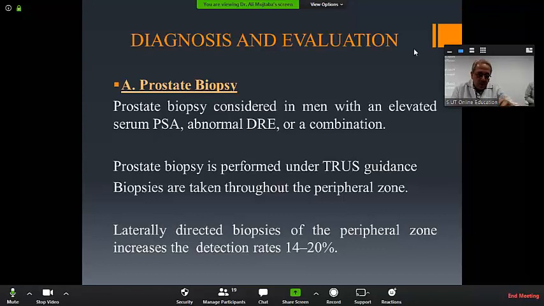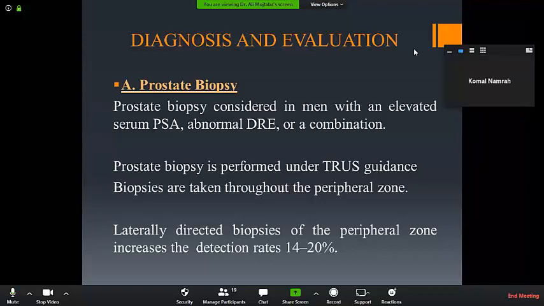If you want to do a biopsy through the transurethral route, then it is under the guidance of the cystoscope. You are seeing it, and then you are taking chips of prostate for biopsy. So we have three different kinds of biopsies through two different routes.